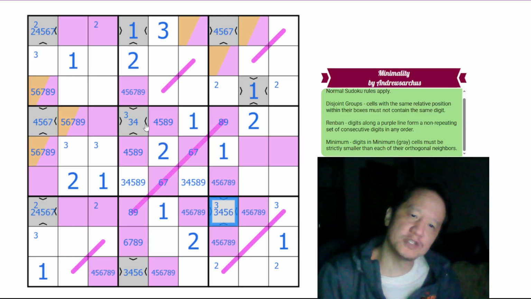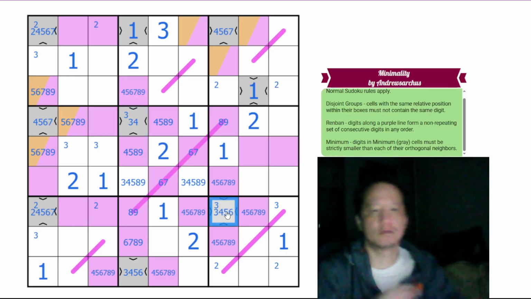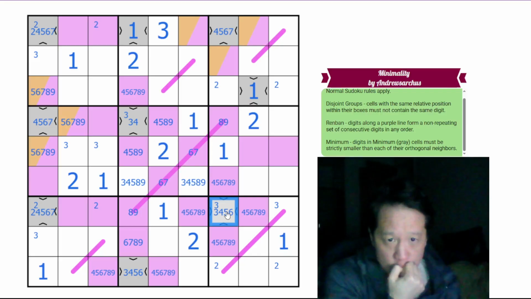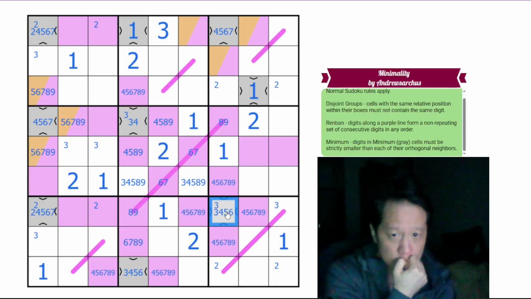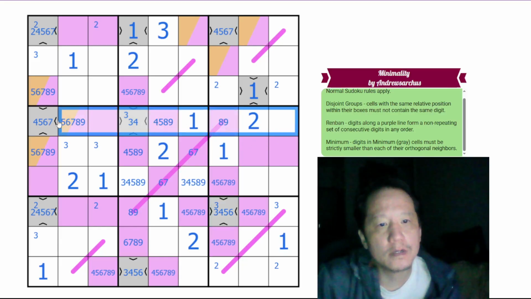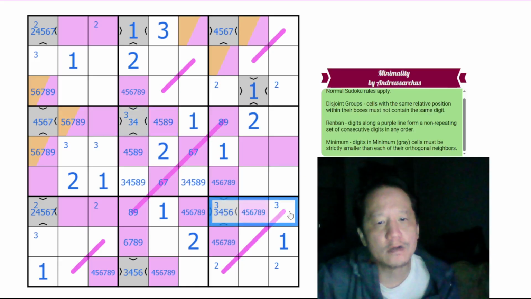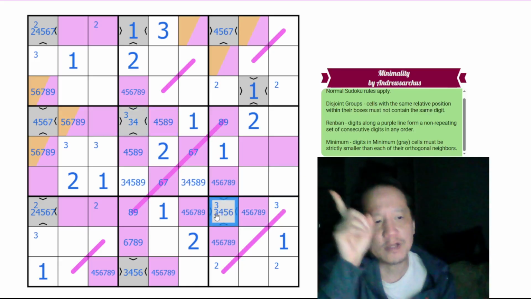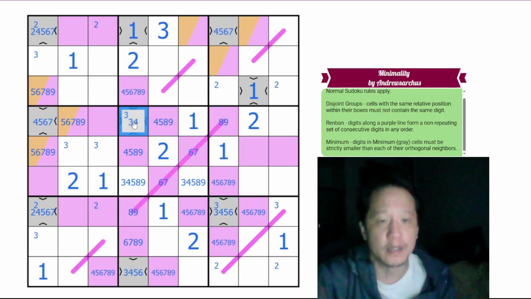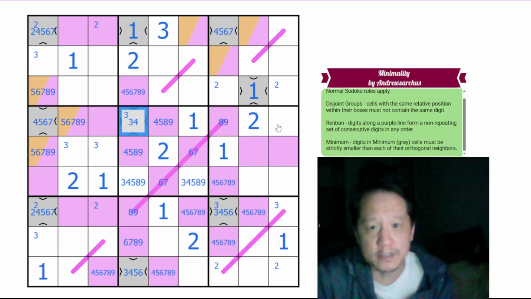So 3 has to be either here or here. That's interesting. Where can it be in the... Okay, so in row 7, 3 is in the upper left-hand cell or the upper right-hand cell. In row 4, 3 is in the upper left-hand cell or the upper right-hand cell.